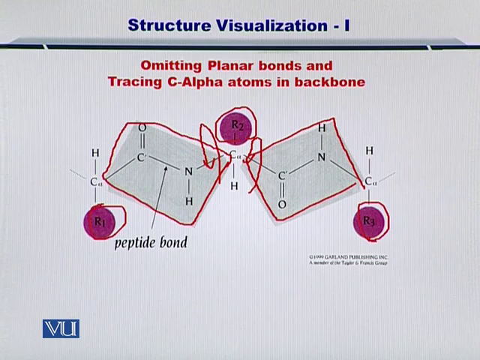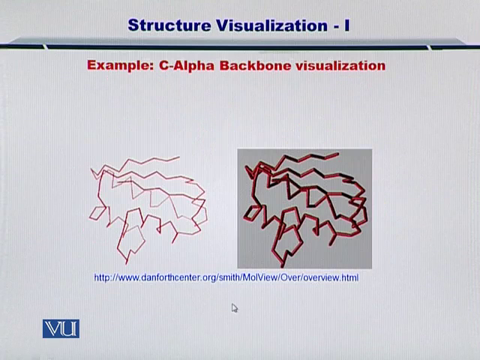So the alpha carbon is very important in order to determine the backbone position in a protein, because the alpha carbon is right here in the middle, as you can see in the blue circle. So if you were to know the position of all alpha carbons, you could easily plot the backbone of a protein. Here, I show you an example of how a protein structure looks if you just link the positions of various alpha carbons in order in the backbone of the protein.